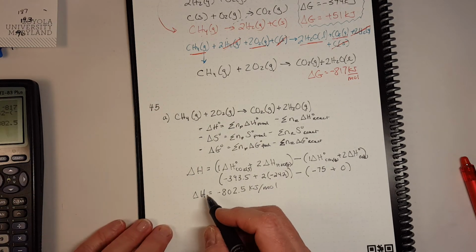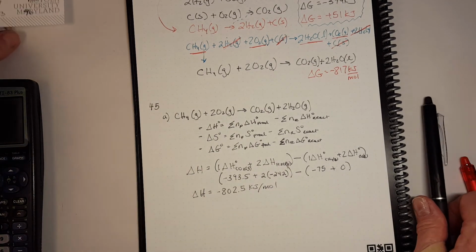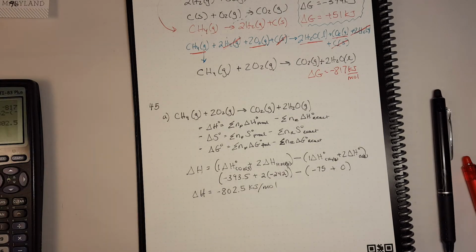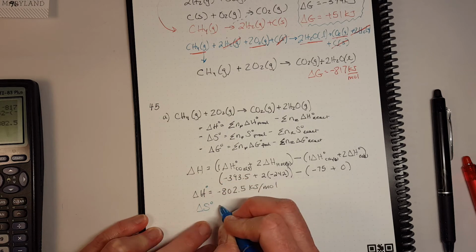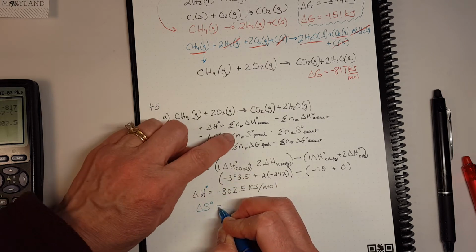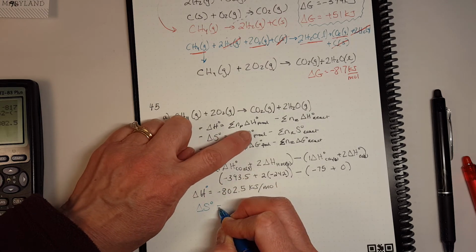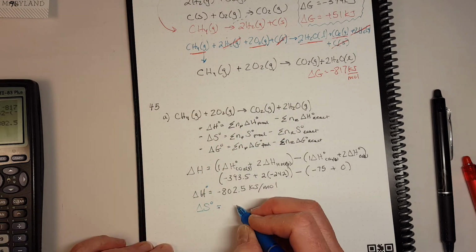Now to do your delta S for the reaction, I'll do that in another color. So delta S for this reaction, and these are in standard state, is going to equal the sum of the products' S's minus the reactant S's.